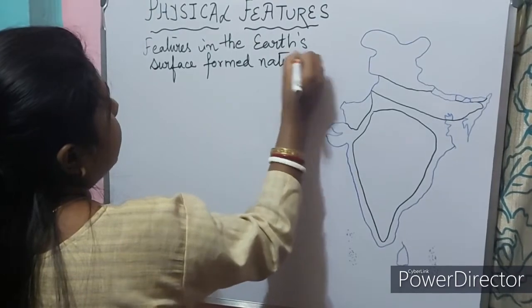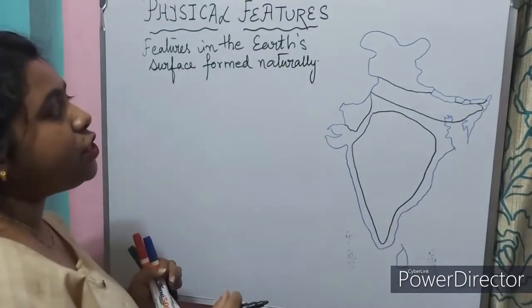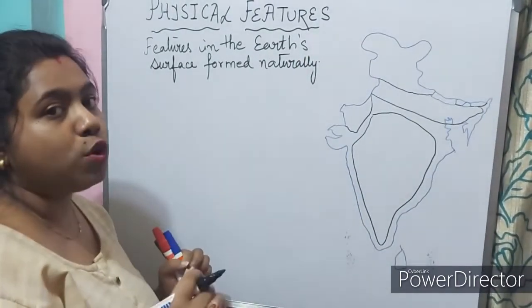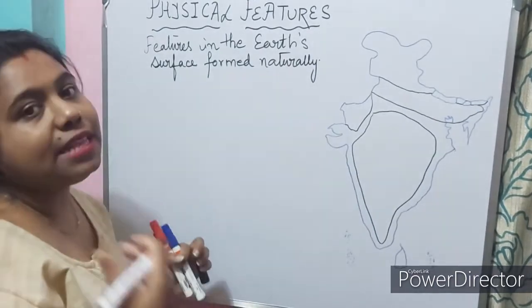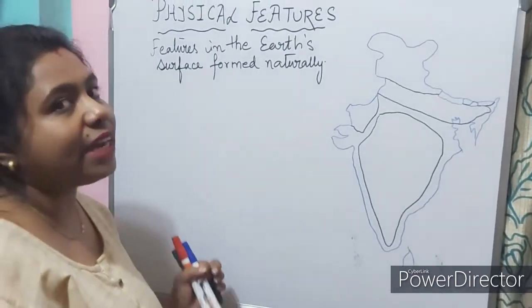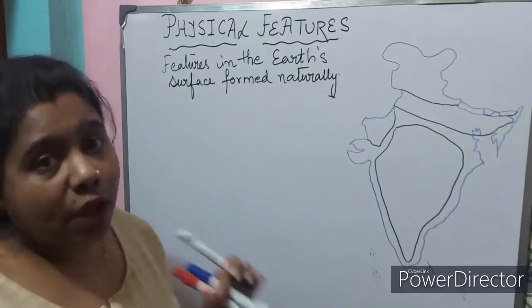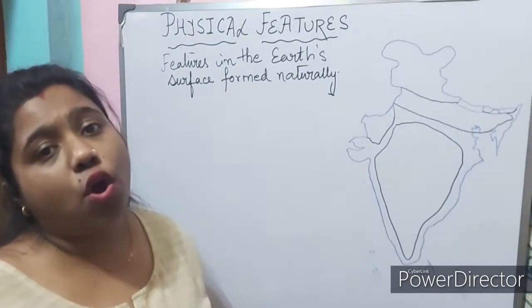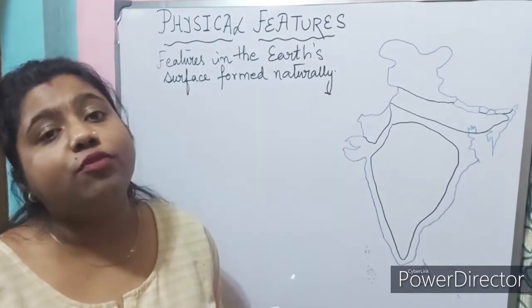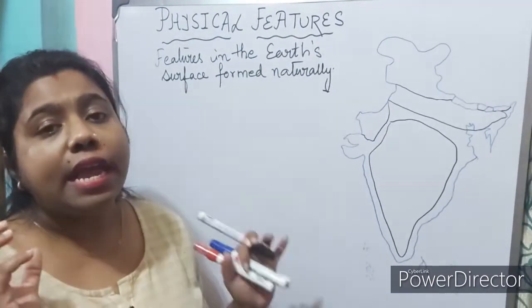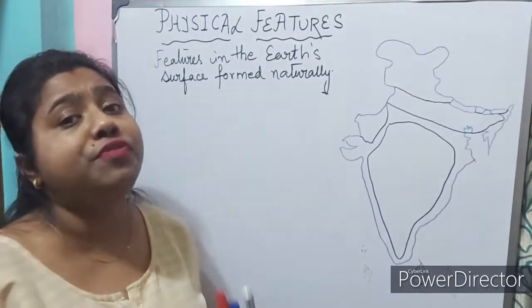As you have read in the first chapter, some features are formed because of the forces that act inside the earth and some form because of the forces that act outside the earth, right? Now India is a land of vastly diverse landforms. So here in our country India, we can see different physical features.